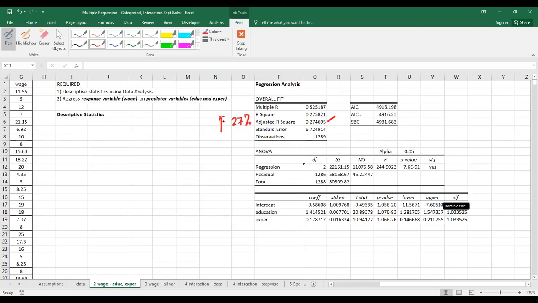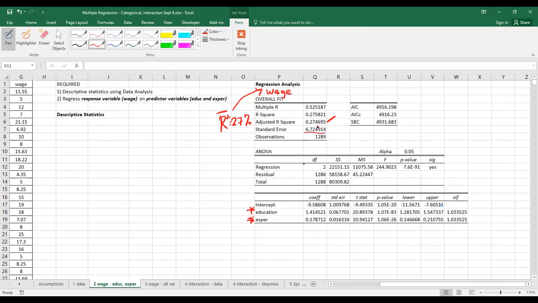Ibig sabihin, adjusted R squared, 27% of the variability of wage, kasi ito yung dependent variable natin, ito yung minomodel natin, 27% nito, guys, can be explained by your education and experience combined. So silang dalawa, guys, na-explain nila yung variability ni wage by 27%. Ibig sabihin, 73% nun ang hindi nila kayang ma-explain, no? Okay?